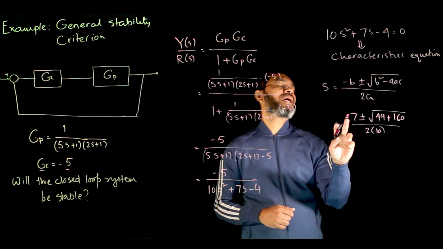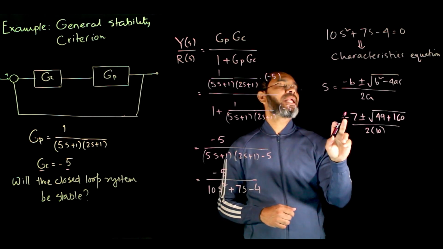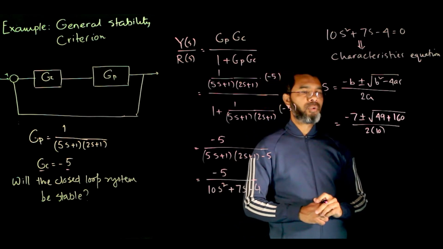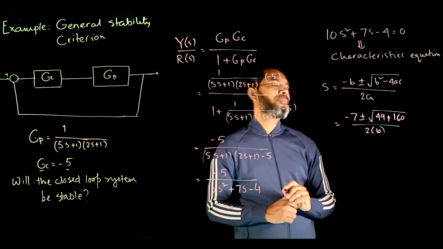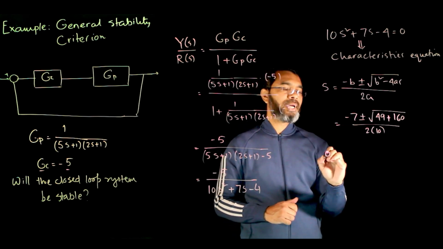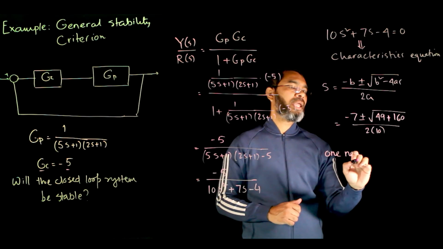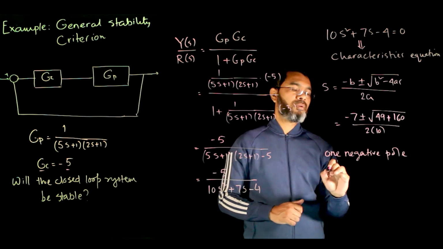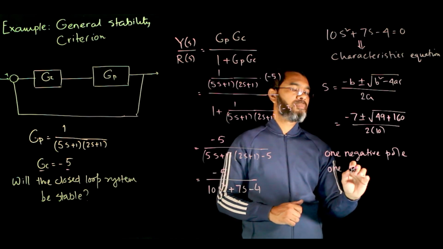So you see that when the term is negative, we get a negative pole. When the term is positive, we get a positive pole. So we'll have one negative pole, one positive pole.